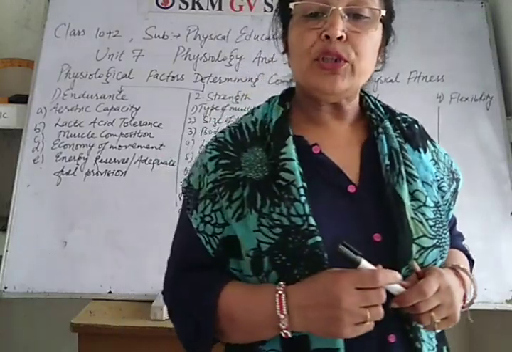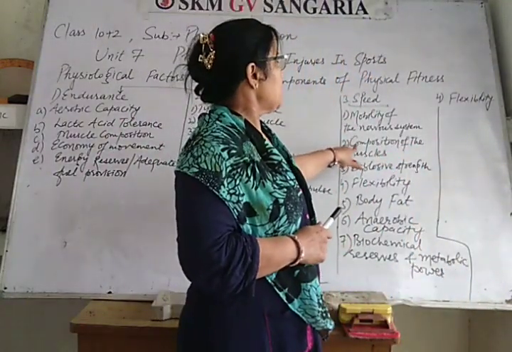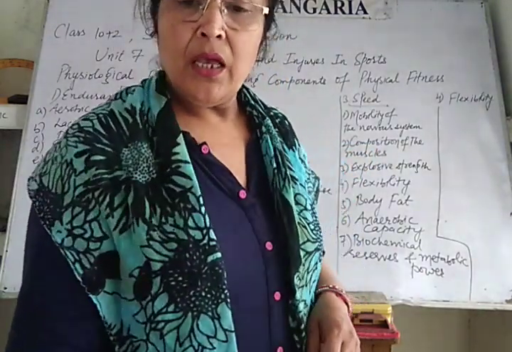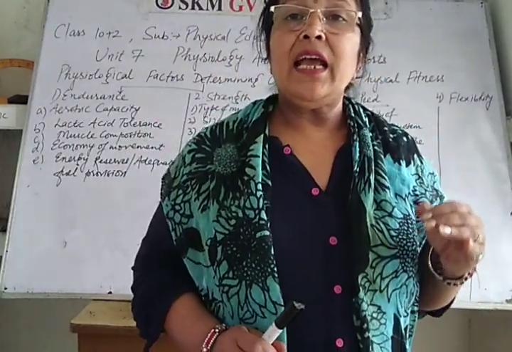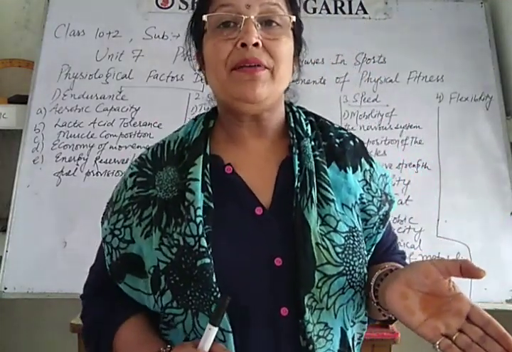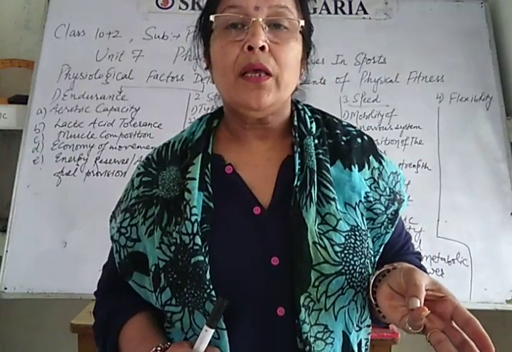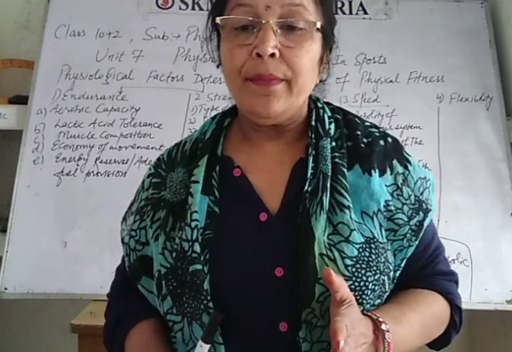Number 2 is composition of the muscles. There are 3 main types of muscle fibers I have taught you in my previous video. Slow twitch type, fast twitch type.